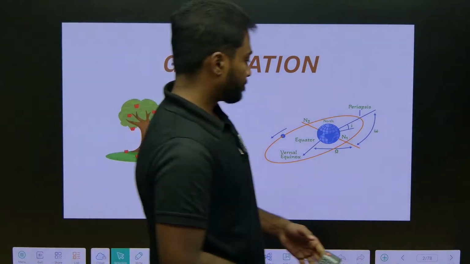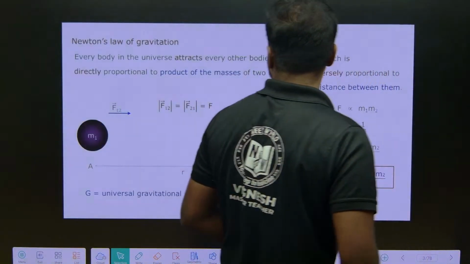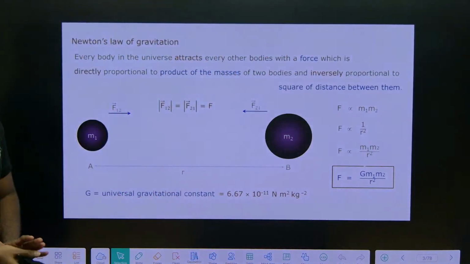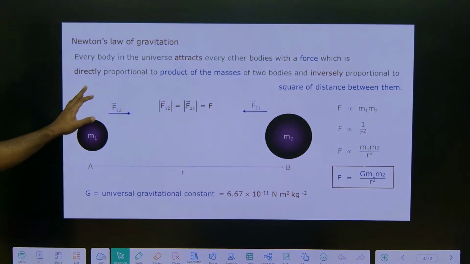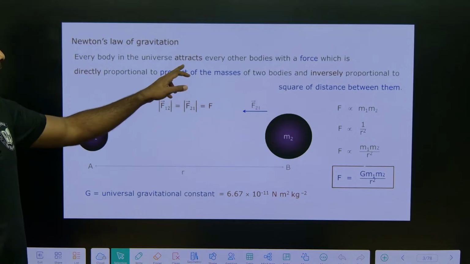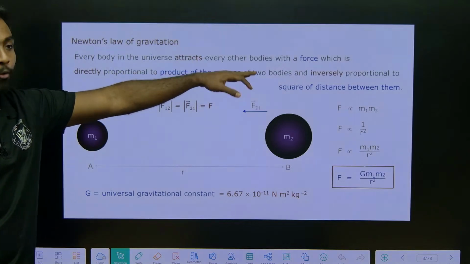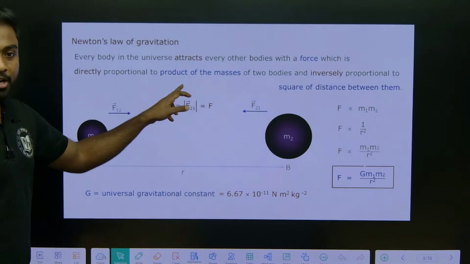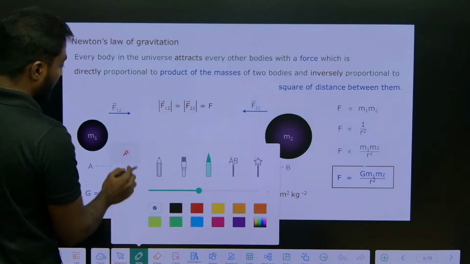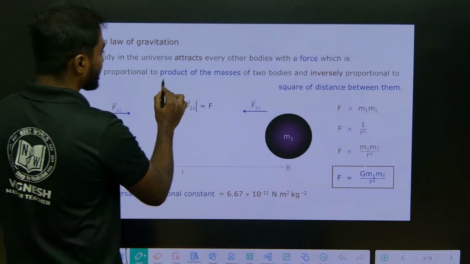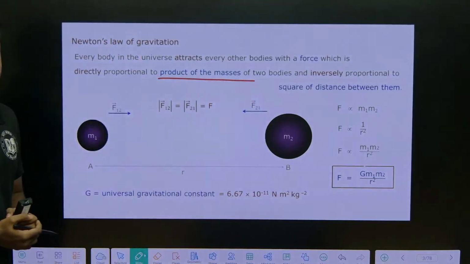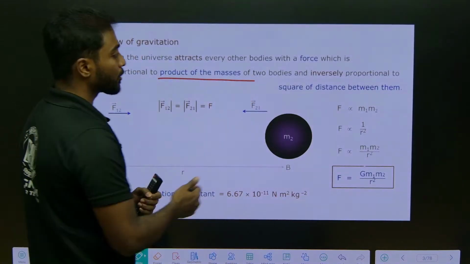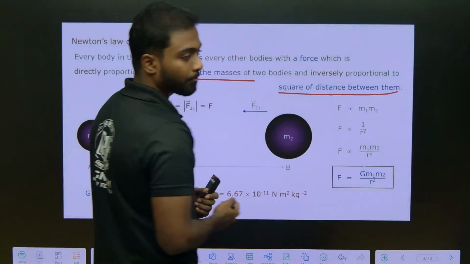Okay, the first topic which we are going to see is Newton's law of gravitation. Every body in the universe attracts every other body with a force which is directly proportional to the masses of the bodies and inversely proportional to the square of the distance between them.